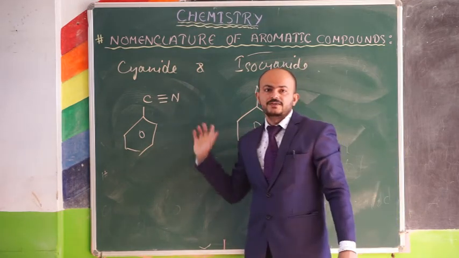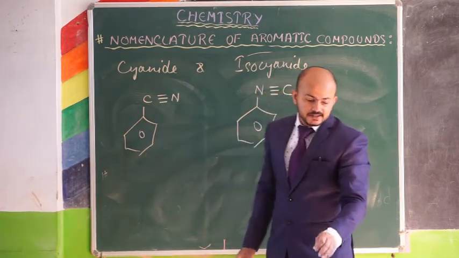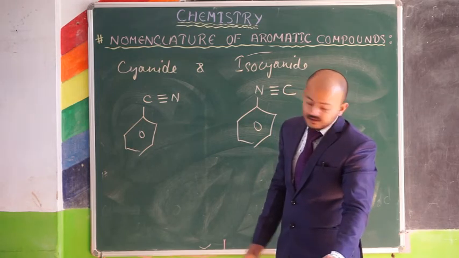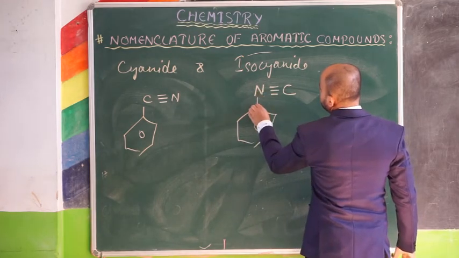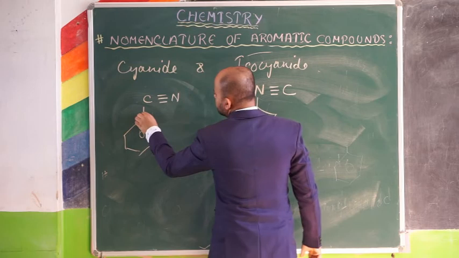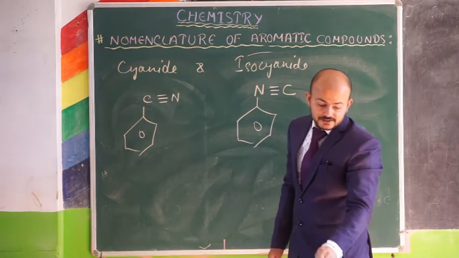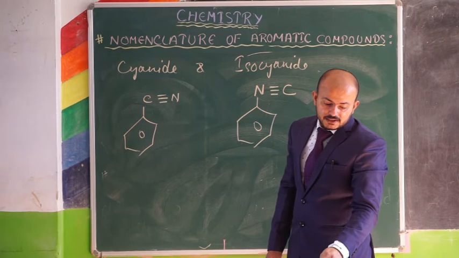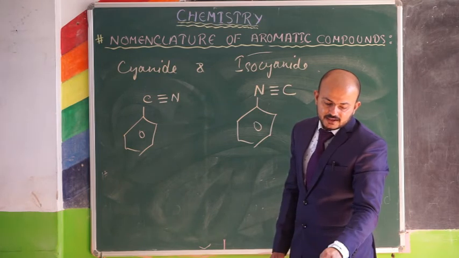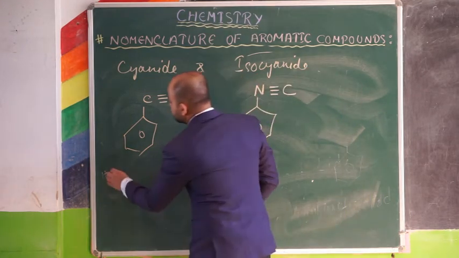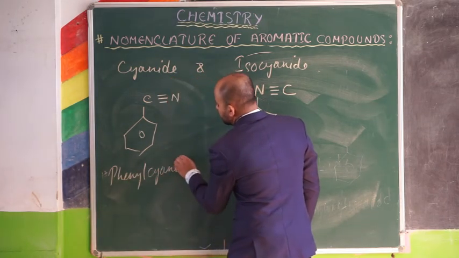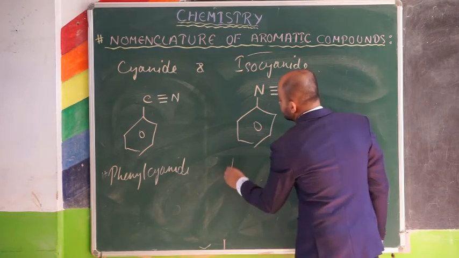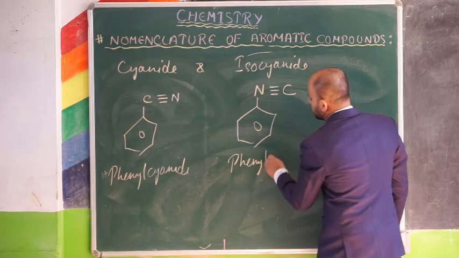Therefore, they are given two different names. This is cyanide. This one is isocyanide. See the bonding: here the carbon of the benzene ring is bonded to nitrogen, and here the carbon is bonded with carbon. This is the difference. The name of this compound is benzonitrile or phenyl cyanide. The other one is phenyl isocyanide.